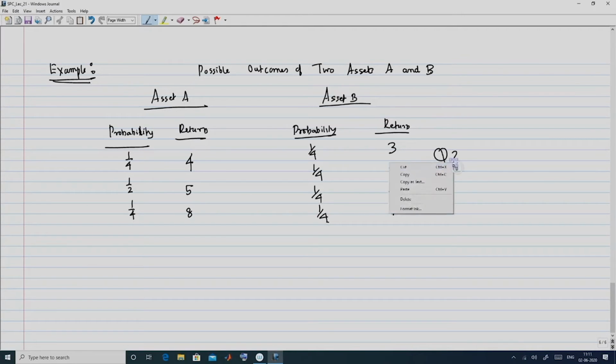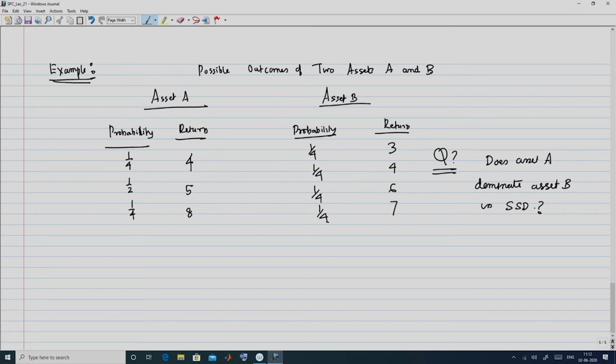The question I want to answer is: does asset A dominate asset B in the paradigm of SSD?